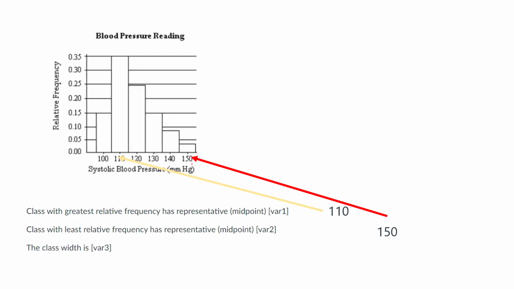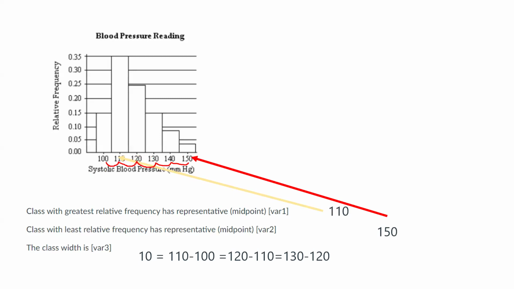And what is the class width? The class width is the difference between two consecutive midpoints or the centers. So it is going to be 10. Why is that? 110 minus 100 is 10. 120 minus 110 is 10. 130 minus 120 is 10.